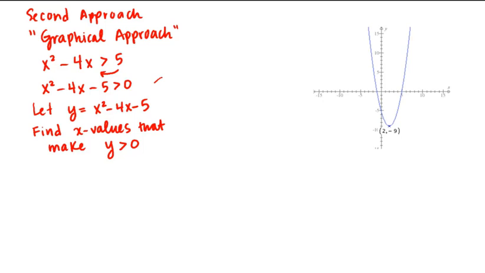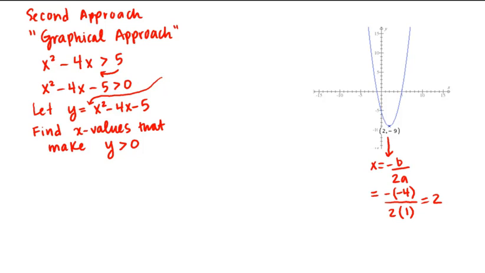And because the leading coefficient here, namely 1, is greater than 0, we have the parabola opening upward, and we found this vertex here by using the formula that x is equal to negative b divided by 2a, which in this case is negative negative 4, divided by 2 times 1, or 2.